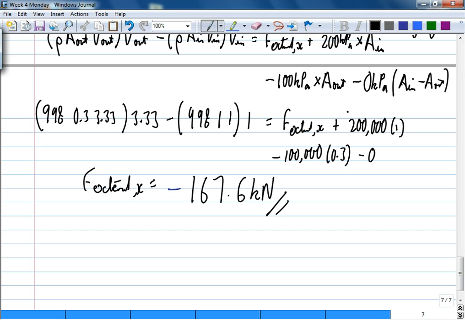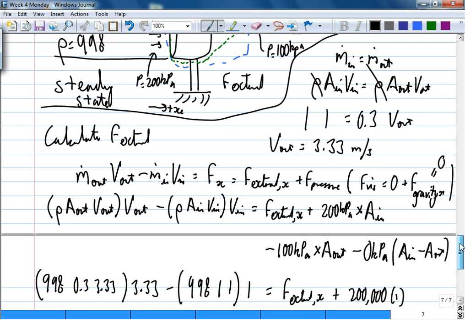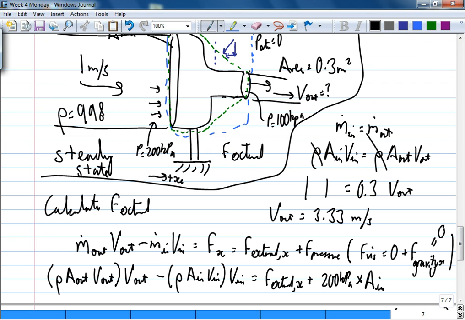So this answer is very negative because this 200,000 minus this part here is very big. But the pressure is actually pushing my system out that way. My external force F needs to hold this thing in place, so it needs to push it that way.